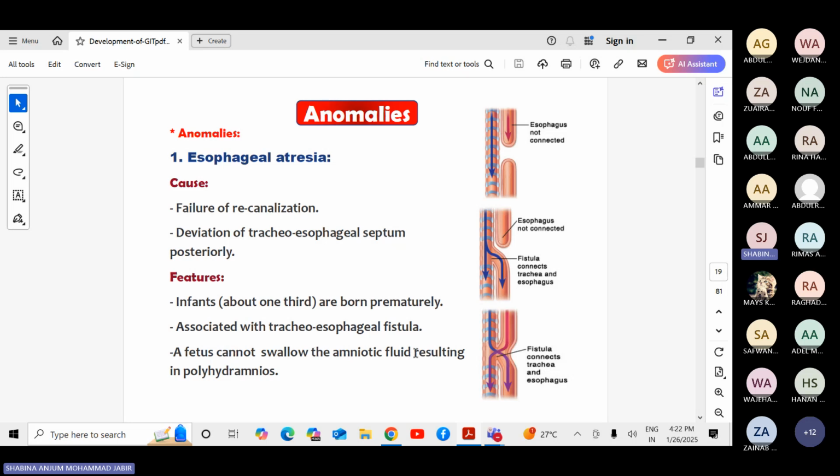In that condition the fetus will not be able to swallow the amniotic fluid, and we can diagnose it in the pregnant female by polyhydramnios. If they have polyhydramnios, you can consider tracheoesophageal fistula or esophageal atresia as one of your diagnoses.